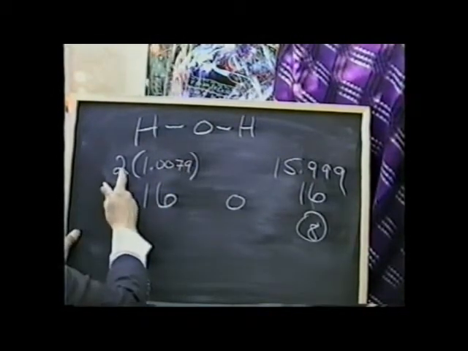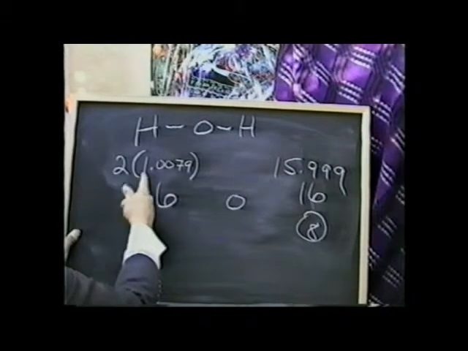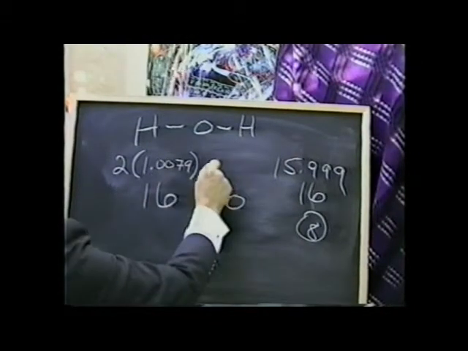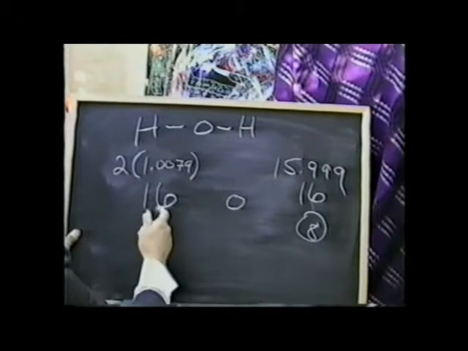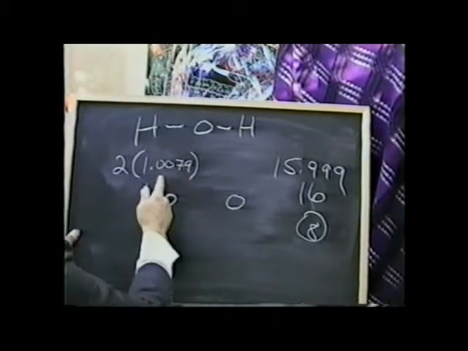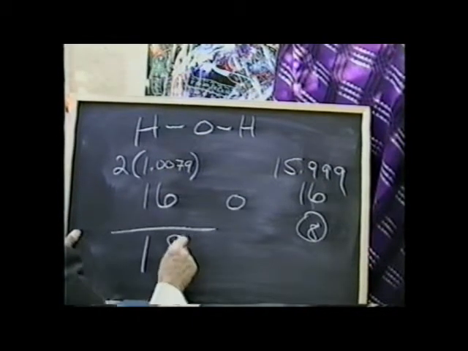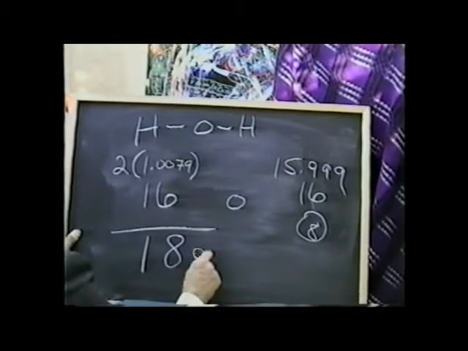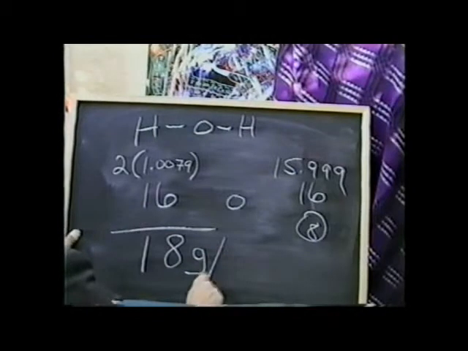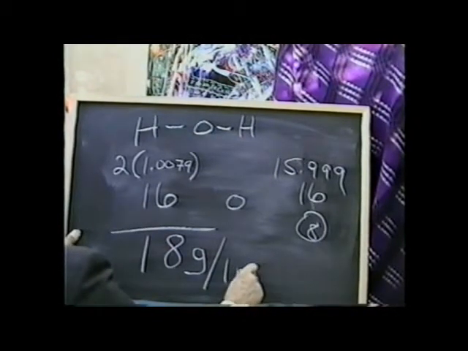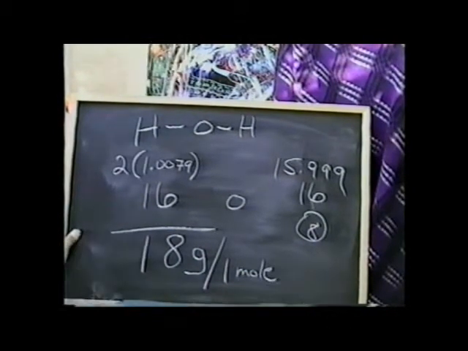So now we would see that 2 times 1 is 2, and this would still be almost 2. So if we called this 2 plus 16, there would be 18 grams for 1 mole of water.